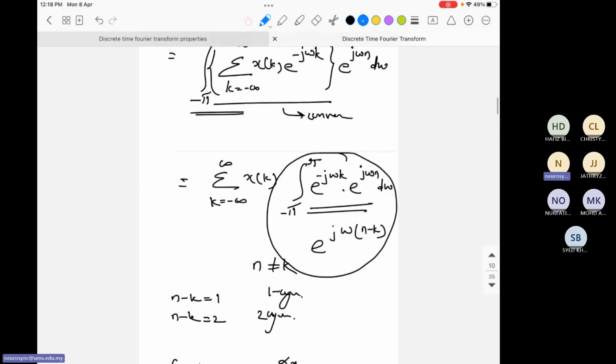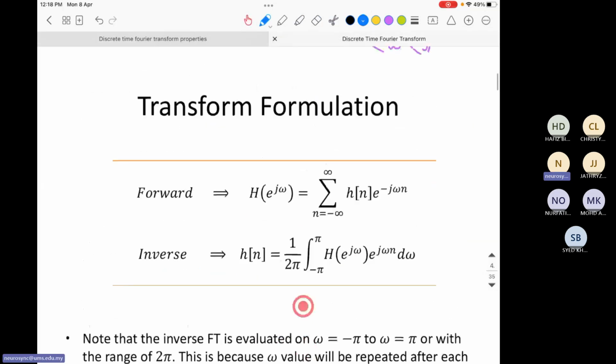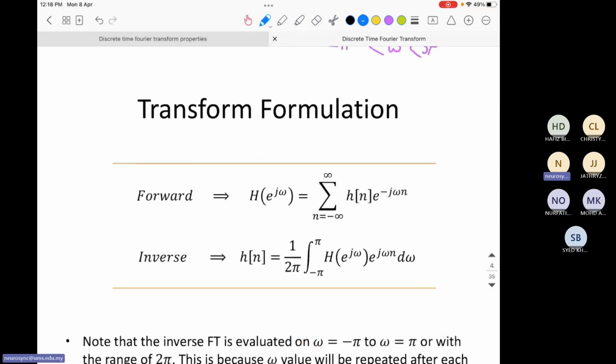Now in this PPT, what we have said is that the forward transform means the discrete time Fourier transform, and the inverse transform means the inverse discrete time Fourier transform.